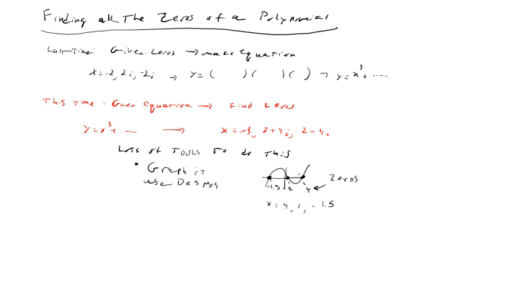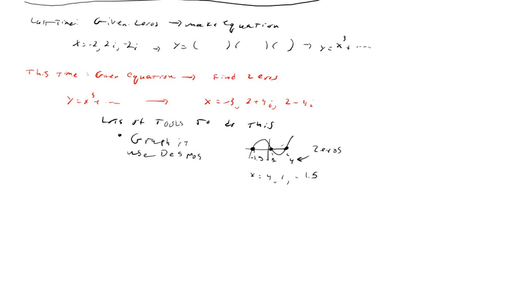But it doesn't always work out with Desmos. Sometimes you may get a graph where maybe your zero is something like negative 2.6153 ..., right?